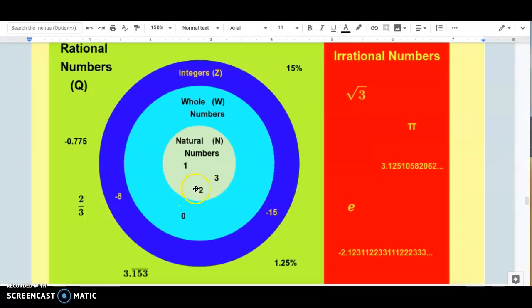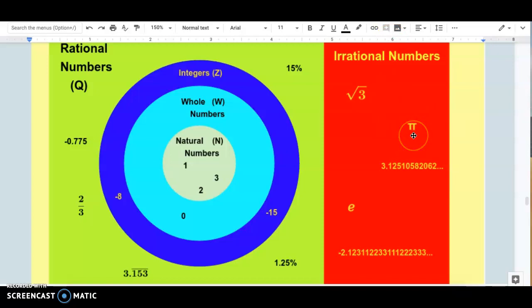All right, so here's a bigger visual. All the natural numbers are also whole numbers. All the whole numbers are also integers. All the integers are also rational numbers. Then over here you have irrational numbers, and the one that we discussed is pi.